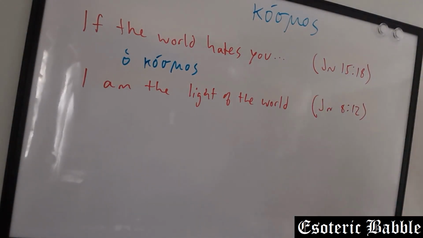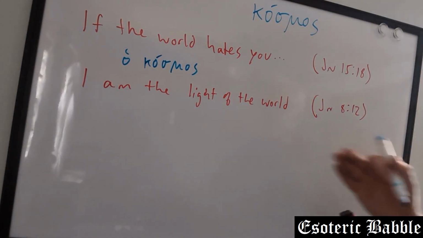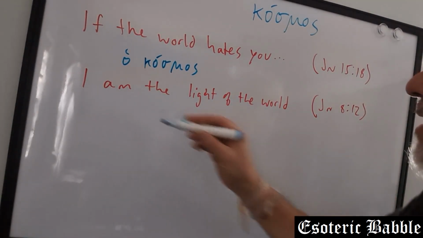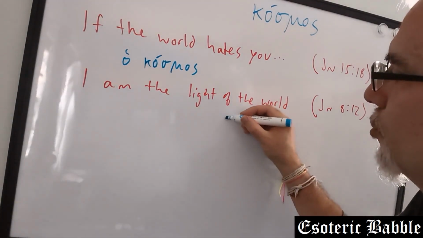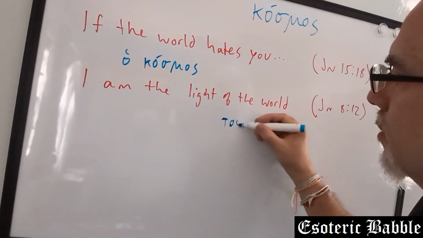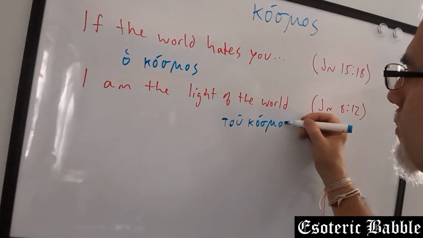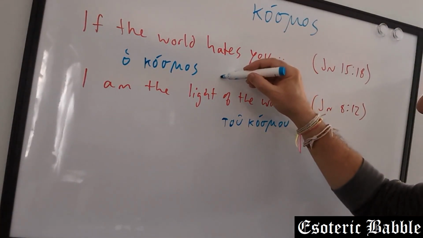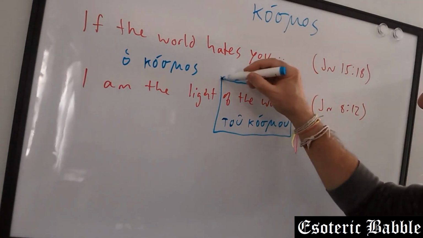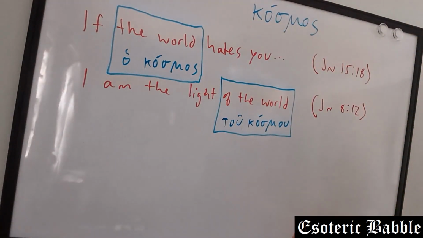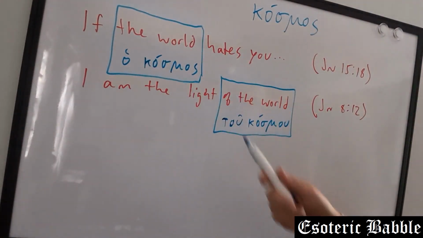So in this case, we won't see ho cosmos. We're going to see I am the light tou kosmou. And that is this entire thing here. Just like here, the world, in this case, was ho cosmos.